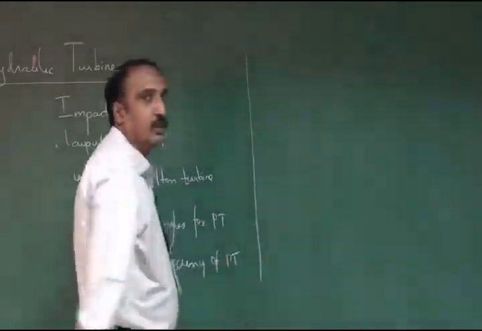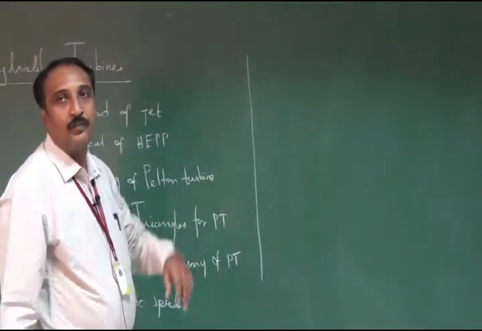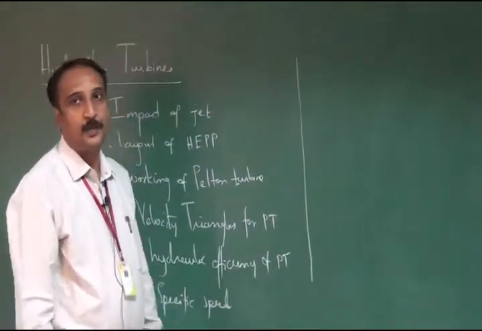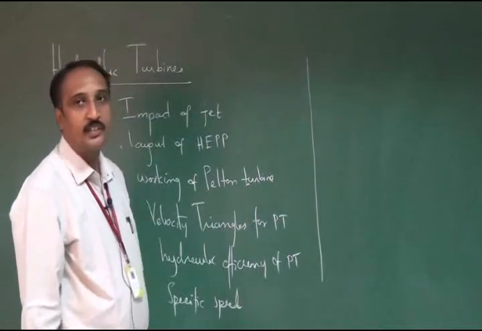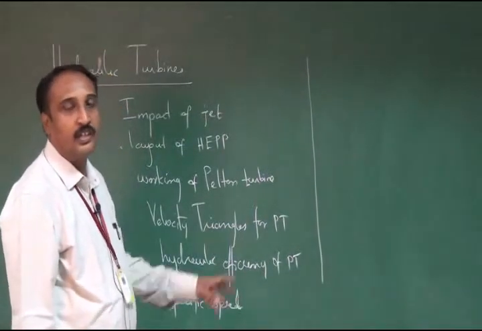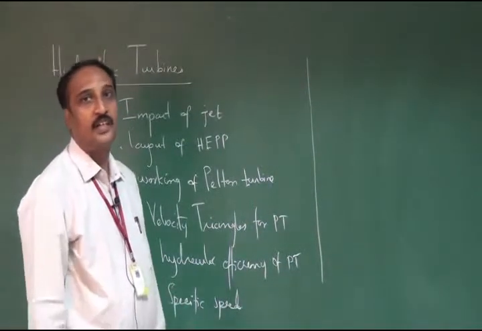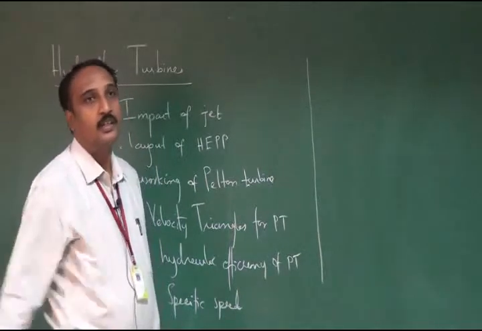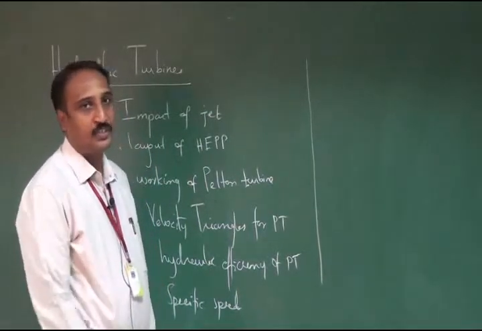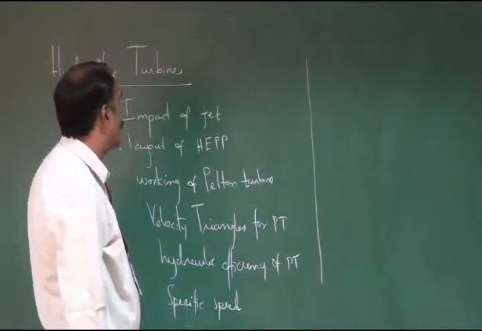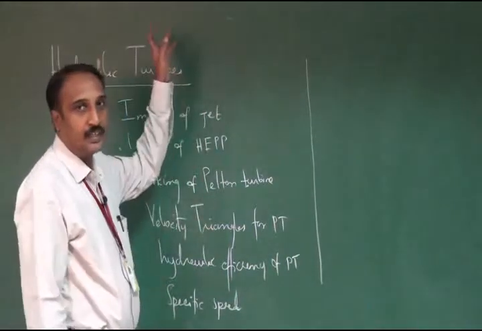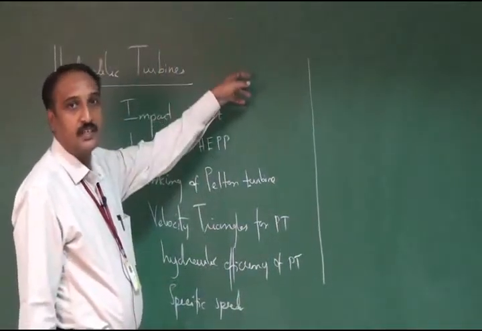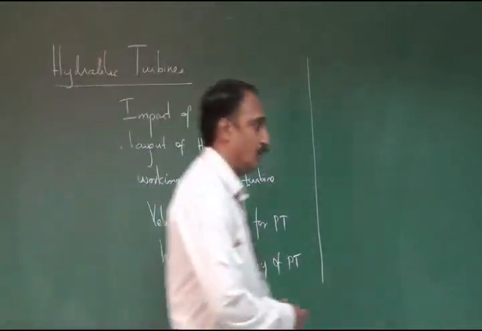The advantage of hydroelectric power is that it's the cheapest one, because there is no fuel cost involved here, like diesel in a diesel power plant and coal used in a thermal power station. The only drawback in hydroelectric power is that it depends on seasonal raining.